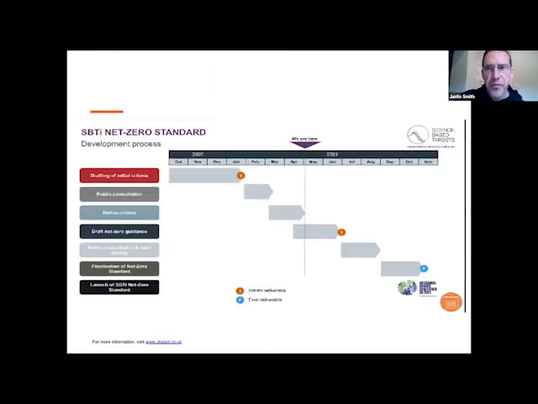The other quite big shift happening in the science-based target space is around the SBTi net zero standard. There's a development process happening at the moment around the criteria to properly assess net zero commitments.